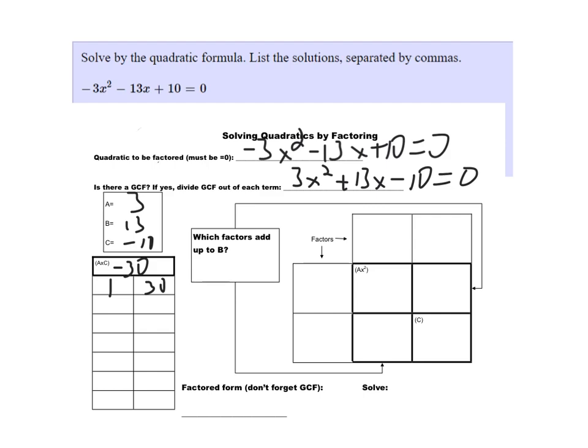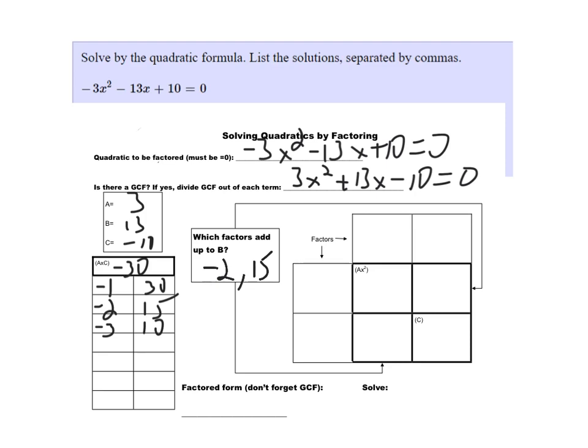Actually, we want the smaller one to be negative because I need a positive number left over after I subtract them. Then I could do negative 2 and 15, and I hope you see that is the answer, because 15 minus 2 is 13, so that's the combination we want. Boy, no factor tree needed here. Easy peasy question. So negative 2 and 15 are what we want.